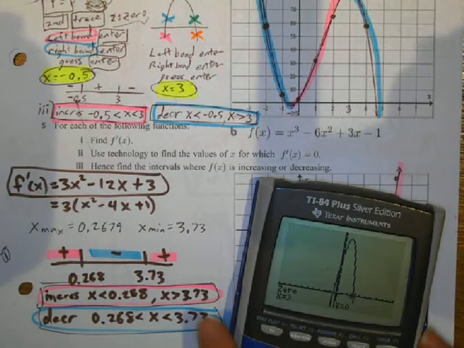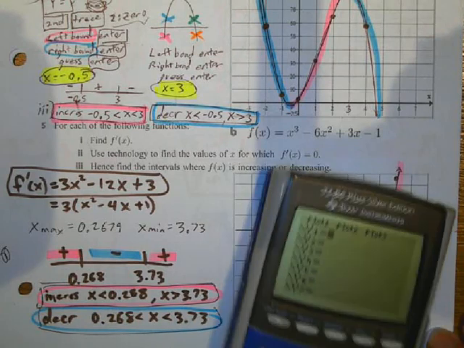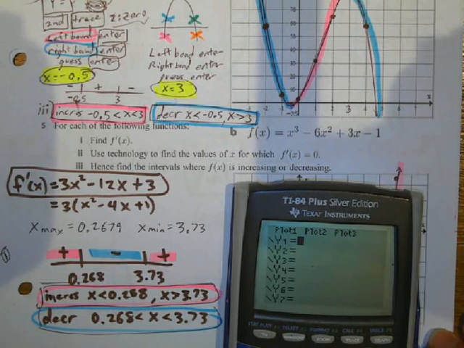This is an alternative way. I can click clear. Let's graph the original one. We've got x cubed minus 6x squared plus 3x minus 1. Okay, just typed in the equation.